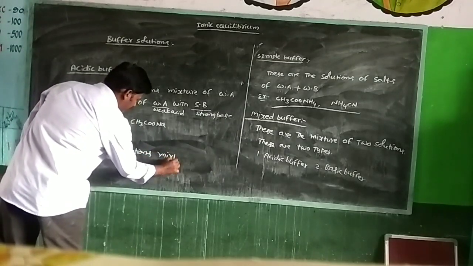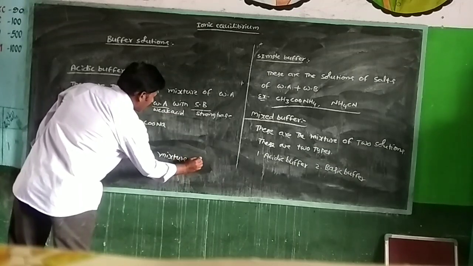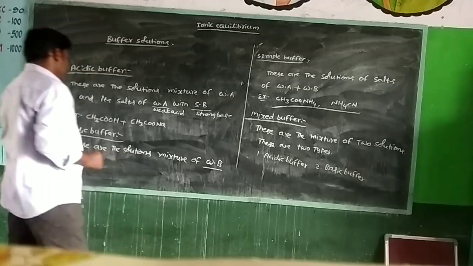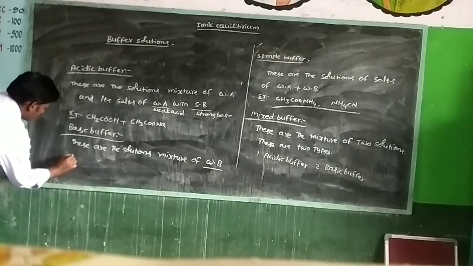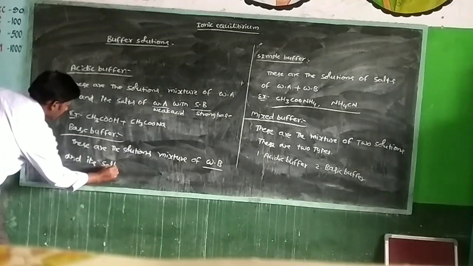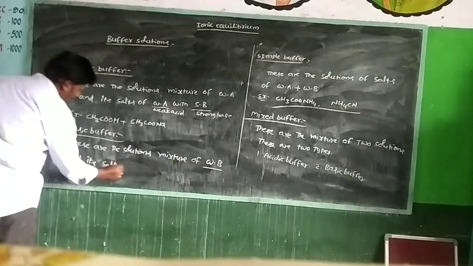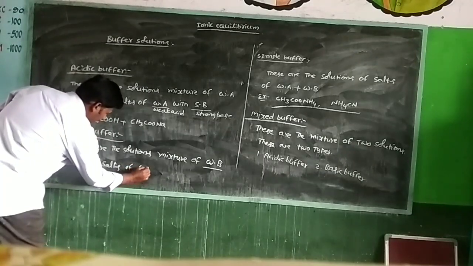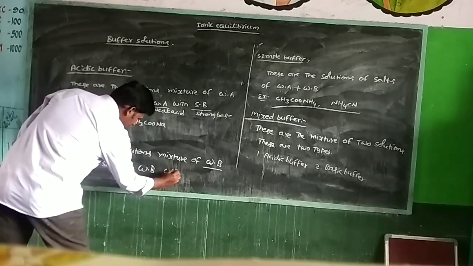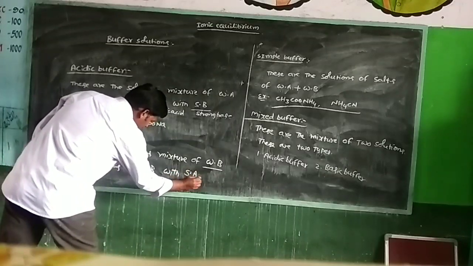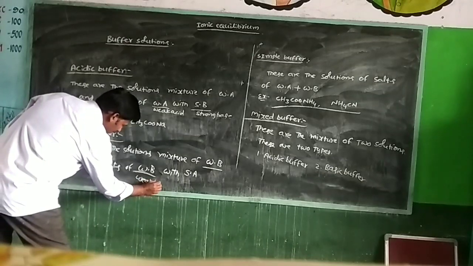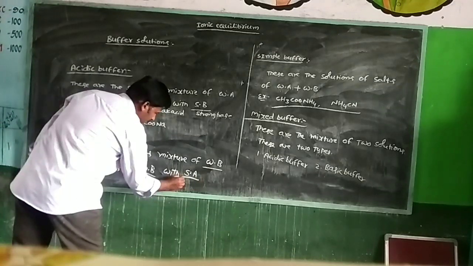WB means weak base, SA means strong acid.